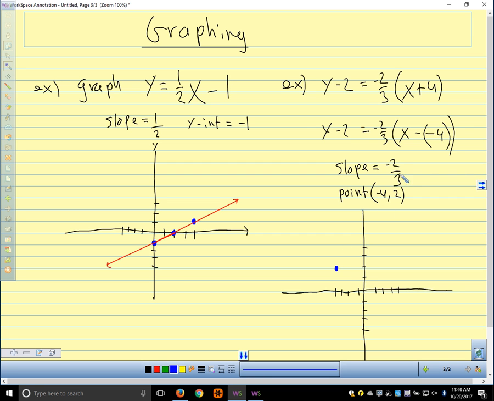And the slope is -2/3. So we're going to go down 2 and over 3. And then down 2 and over 3. The negative says go down 2 and over. And connect those points with a nice line.